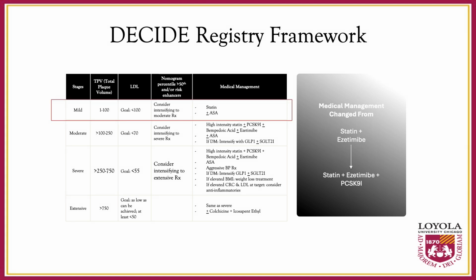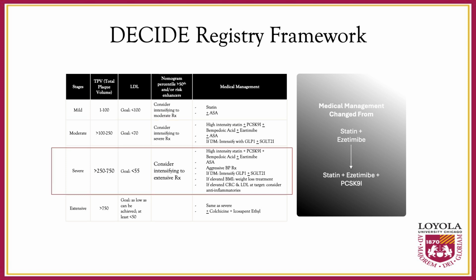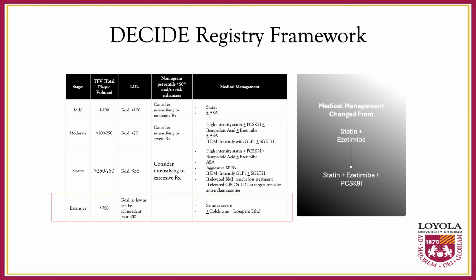So mild is in the 1 to 100 range, moderate in the 101 to 250 range, severe in the 251 to 750 range, and extensive being greater than 750. Now, this may be a nice starting point as you think about your patient's decisions.